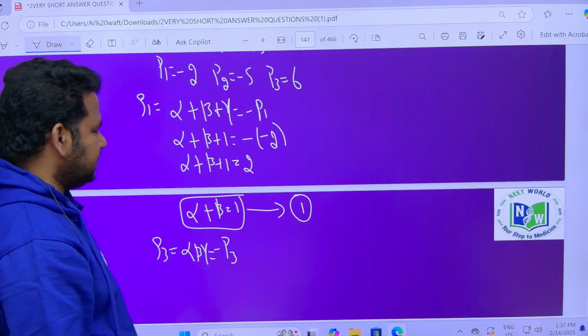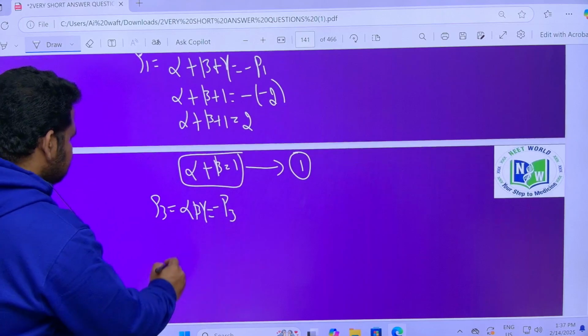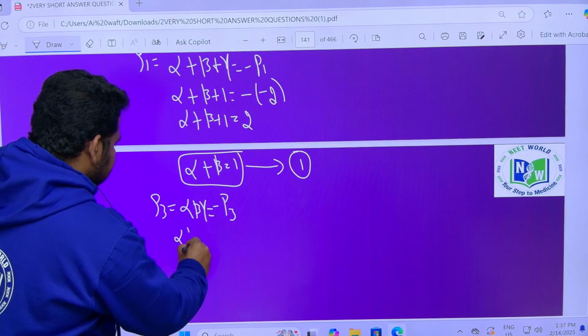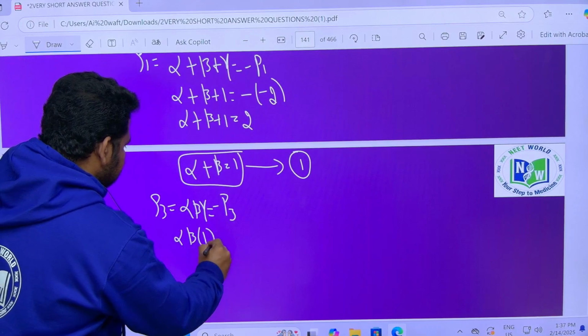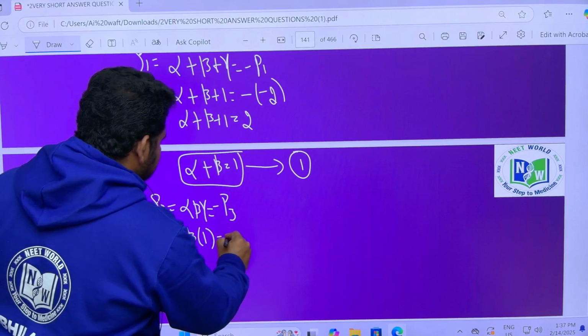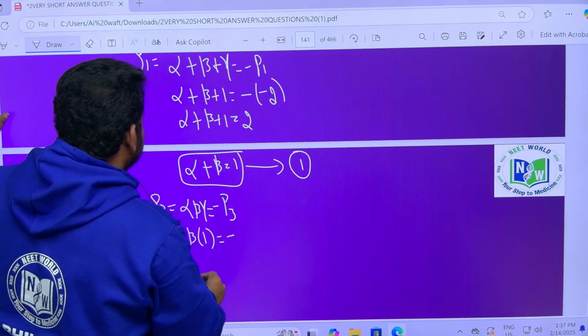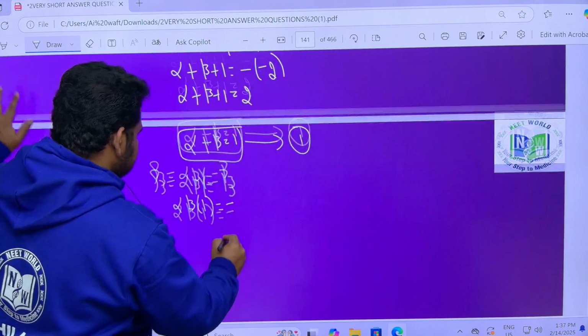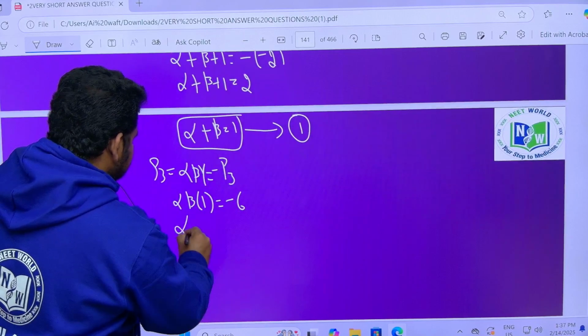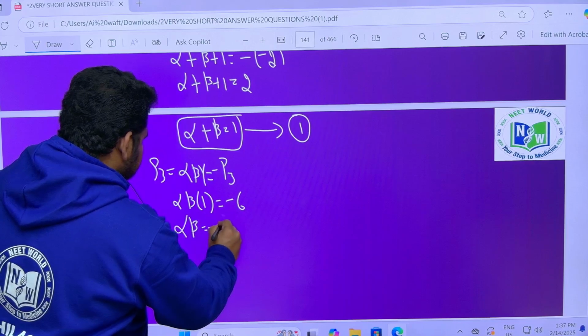Alpha is what? We don't know. Beta is what? We don't know. Gamma is 1. That is equal to minus p3. How much did we get for p3 by comparing? p3 is equal to 6. So alpha beta is equal to minus 6.